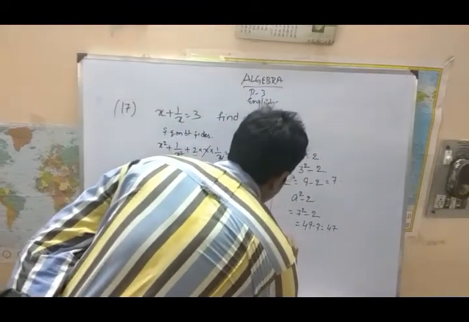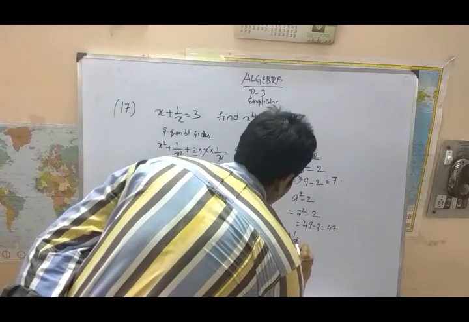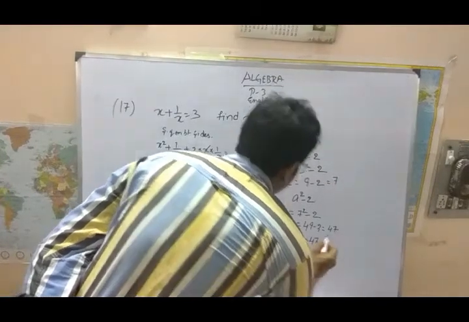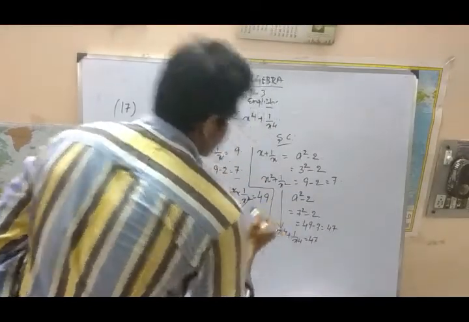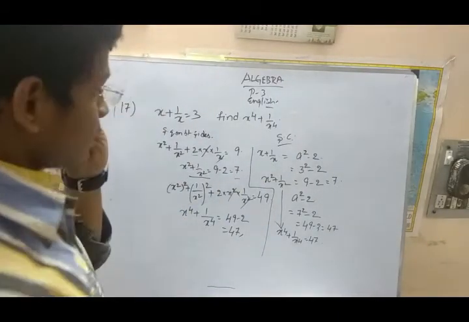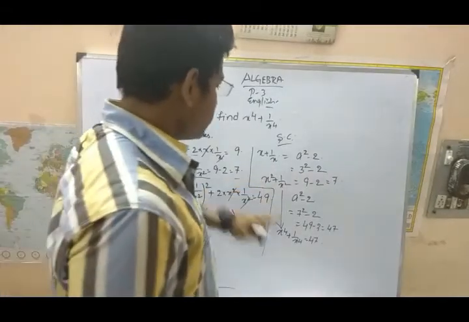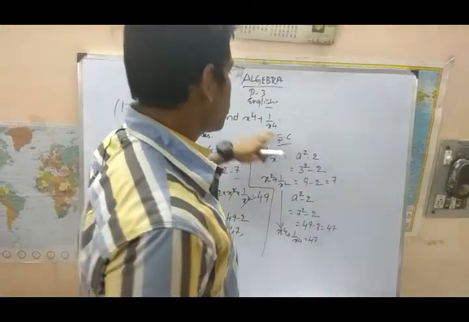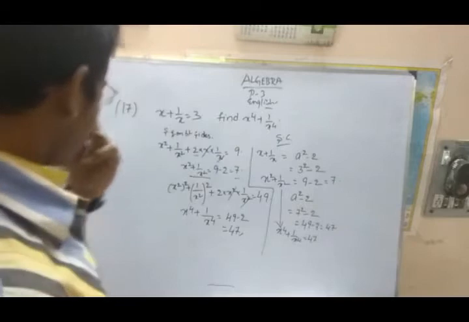What is this? x power 4 plus 1 by x power 4 equal to 47. See here, this is x square, this is x power 4. From x square in the question form, we got x power 4 plus 1 by x power 4.